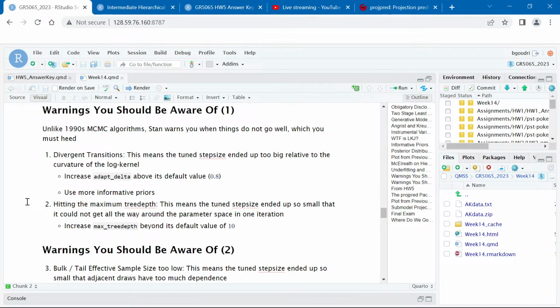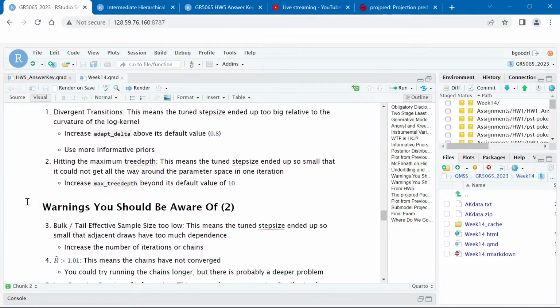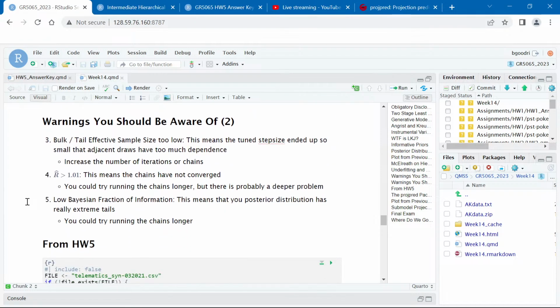It's still going out. It hasn't diverged, it just hasn't reached the U-turn point because it's taking these tiny steps. When that happens, you can increase the value of max tree depth, although that will double the amount of time. Just going from 10 to 11 doubles it if it's hitting the max tree depth.